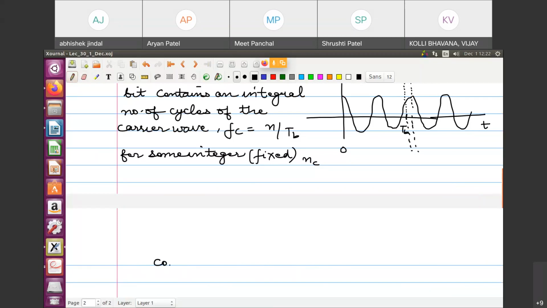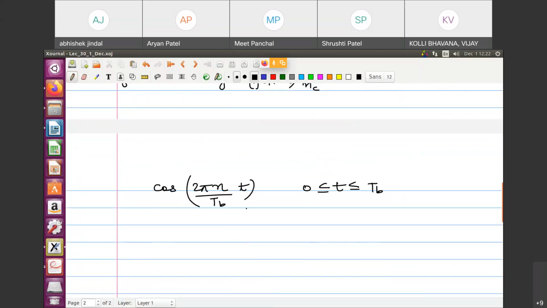So this is cos of 2 pi n upon Tb into t. Now consider t lying from 0 to Tb. At t equal to 0, this takes the value 1. But at t equal to Tb, the value is cos of 2 pi n.